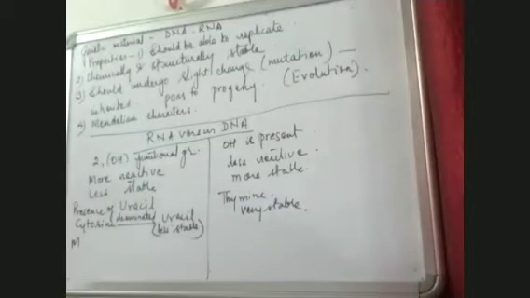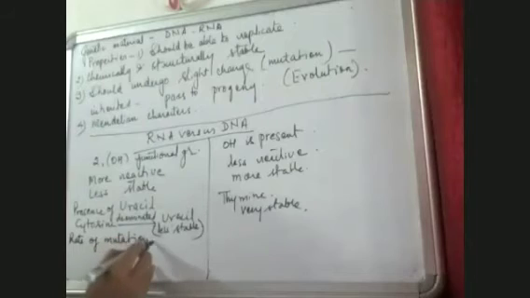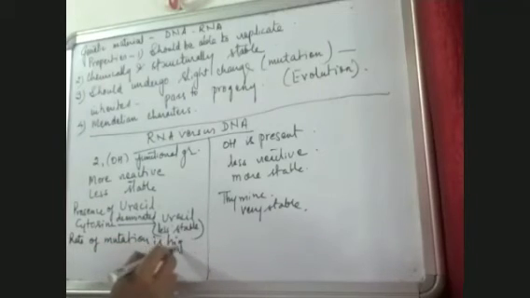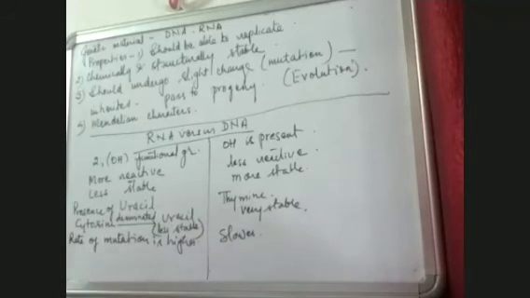But RNA being more reactive, the rate of mutation is higher in this and slower in DNA. And because of this, the RNA evolves faster. The rate of evolution in RNA is more than DNA, so it evolves faster.